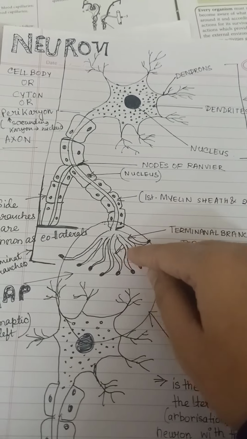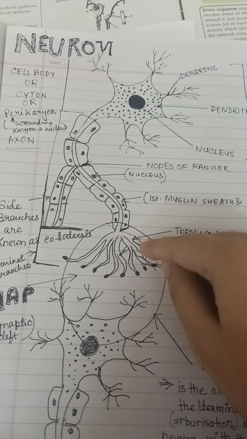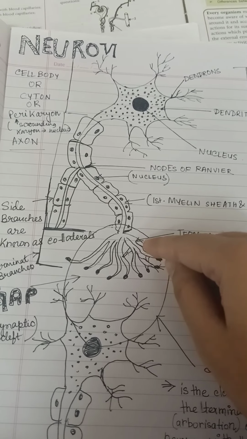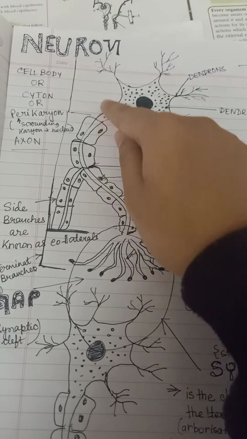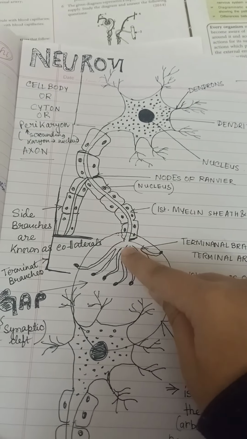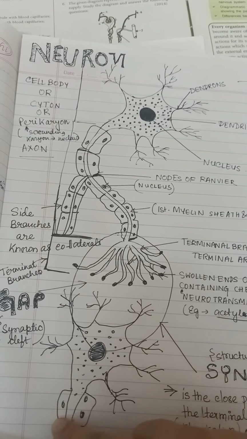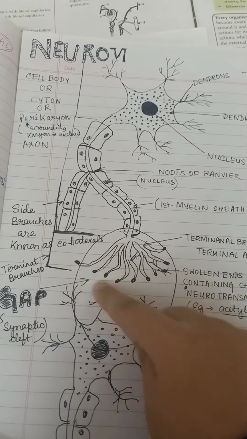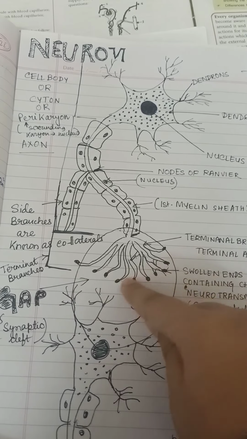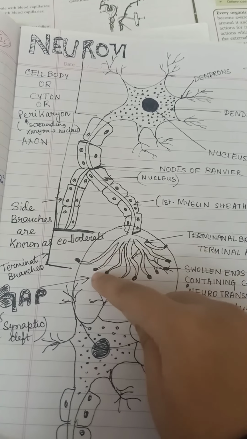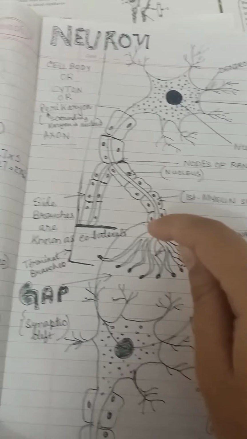Enzymes break down the neurotransmitter, which makes the pathway clean for the transmission of another impulse coming here and then going to that side. It cleans the pathway by breaking the particular neurotransmitter.